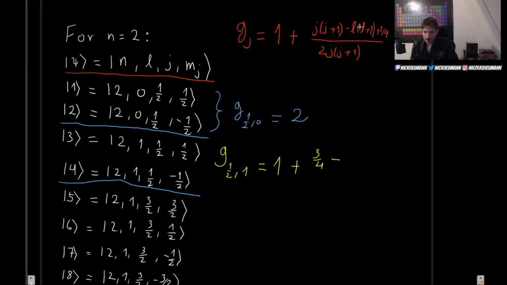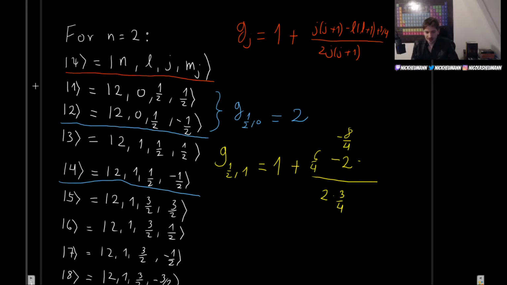Then we have minus 1 times 1 plus 1, so minus 2, plus 3/4, divided by 2 times 3/4. So we can add these two together. So we get 6/4, and 2 is simply minus 8/4.